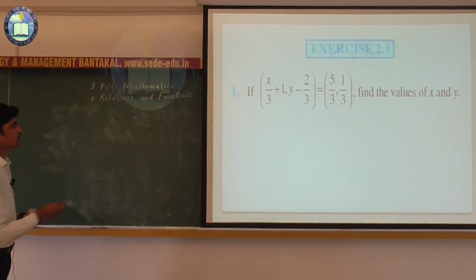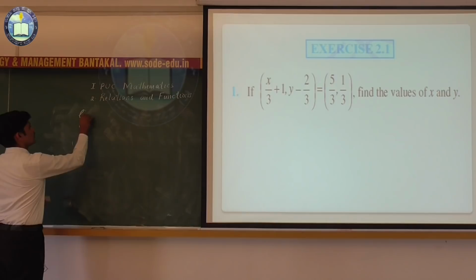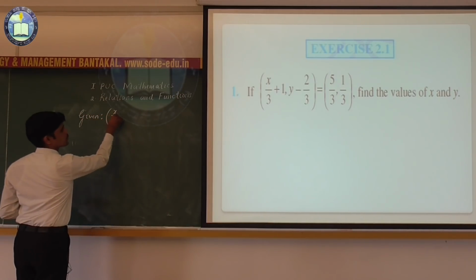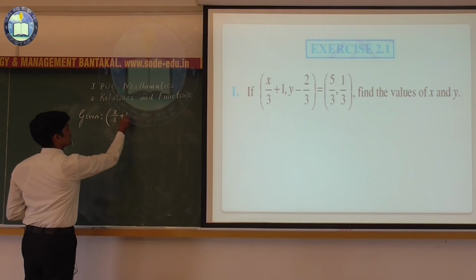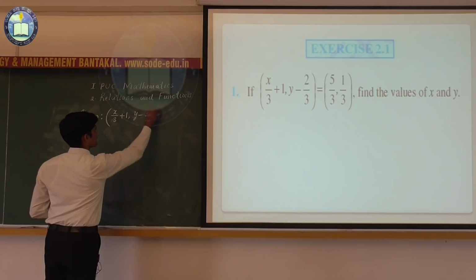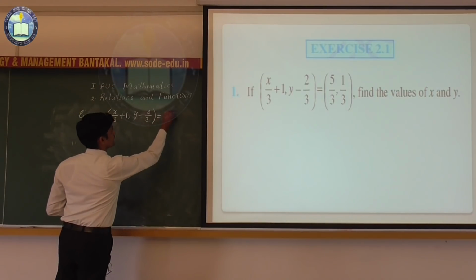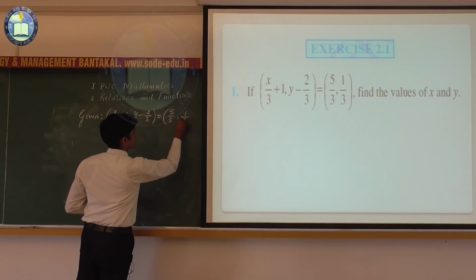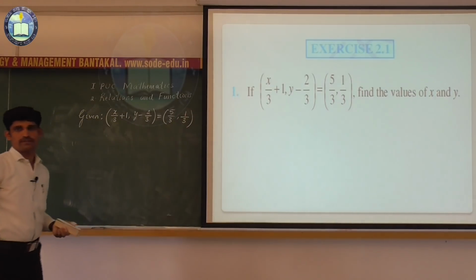First question we have: if the ordered pairs are equal, that is, the ordered pair x by 3 plus 1 comma y minus 2 by 3 is equal to 5 by 3 comma 1 by 3, then find the values of x and y.